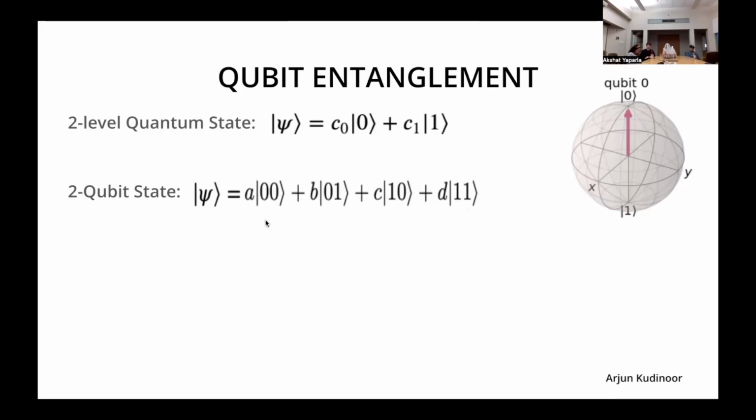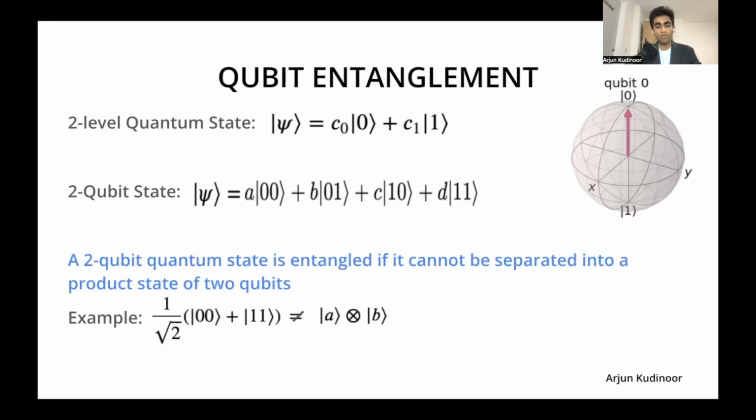So we have one configuration where both of them are in the 0 state, another where the first is in the 0 state and the second is in the 1 state, another where the first is in the 1 state and the second is in the 0 state, and then a configuration where both of them are in the 1 state. Again, we have coefficients out in front of these, which we call state vectors. These coefficients determine the probability of finding the system in that configuration. Okay, so this is a 2-qubit quantum state.